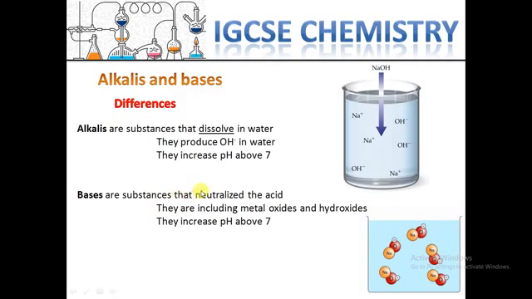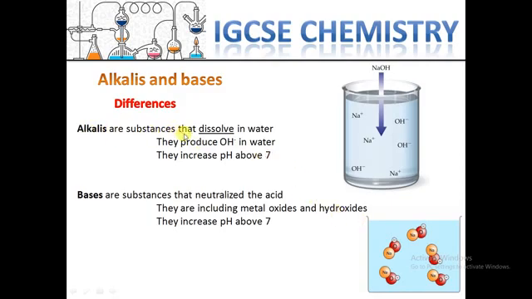Bases neutralize the acid. Also alkalis can do that. They have the same function. They increase pH above 7. They neutralize the acid. They react with acid. But alkalis are dissolved in water, but bases mostly are not.